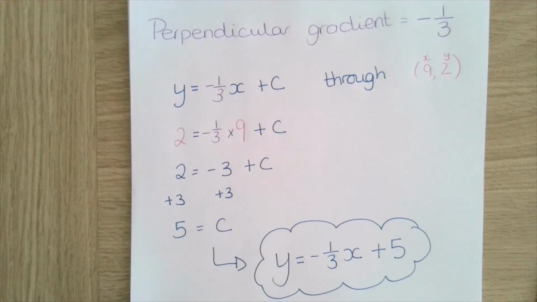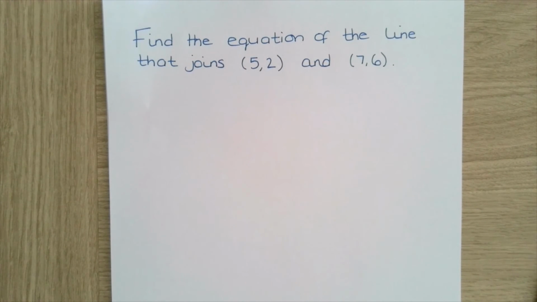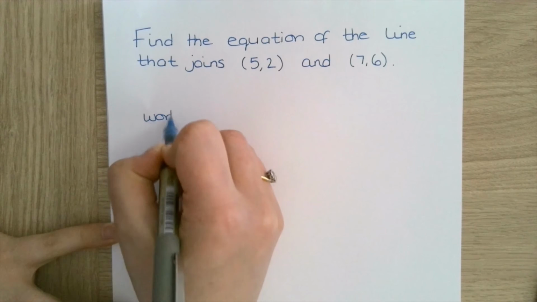Okay, last question that I have for you. Find the equation of the line that joins (5, 2) and (7, 6). So to join these two points, I need to work out the gradient.